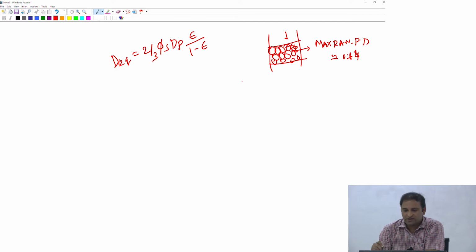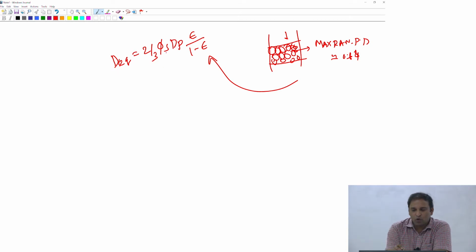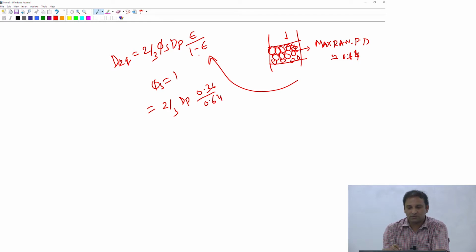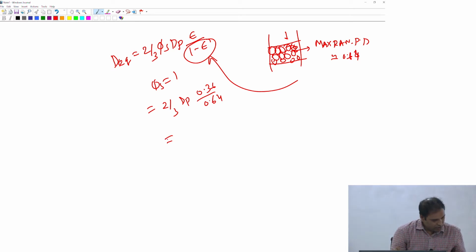If I substitute that value here, with spherical particles so phi s is 1, then 2 by 3 into dp times 0.36 divided by 0.64, that is your 1 minus the packing density. The number that you get is of the order of 0.375 dp.